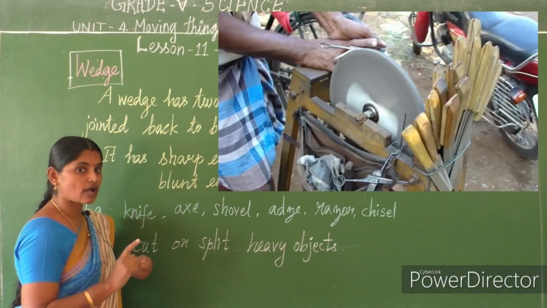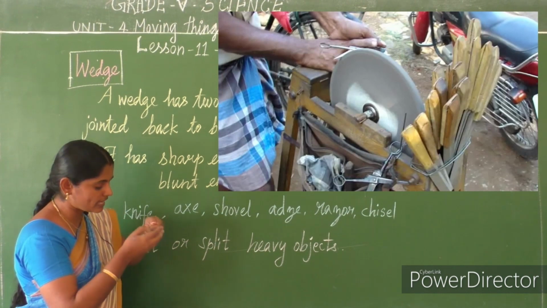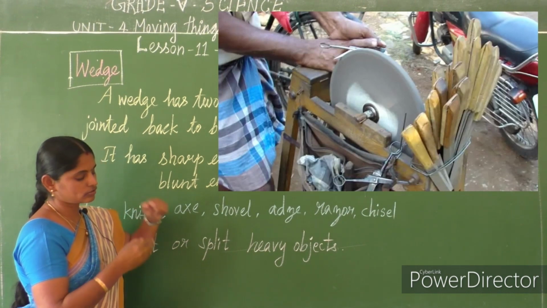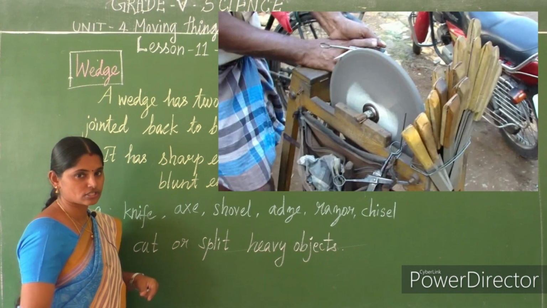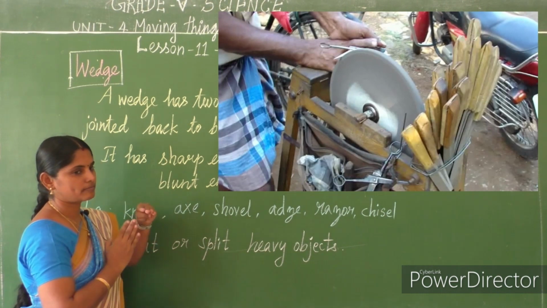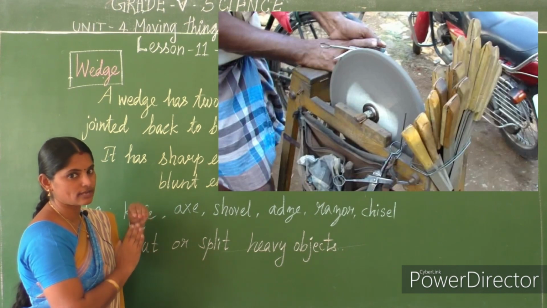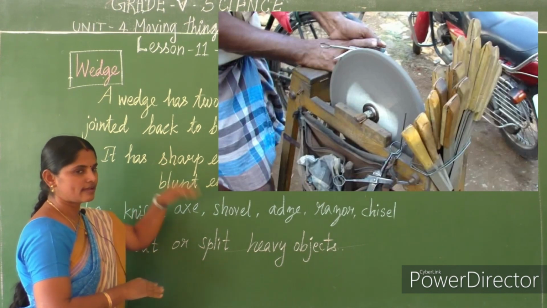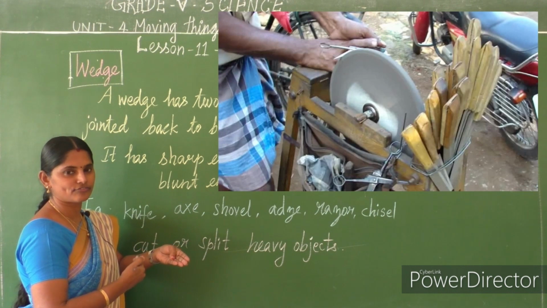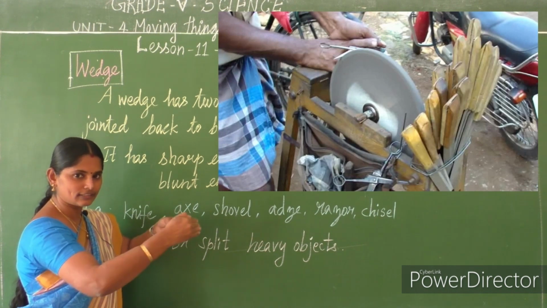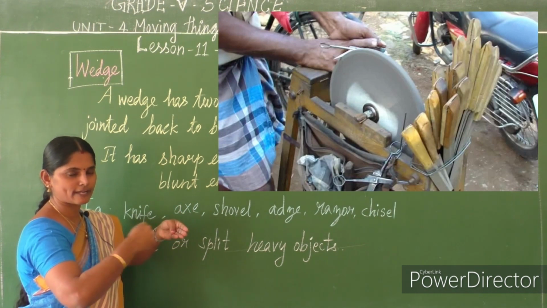You notice, observe it very sharply. How they do it is, they keep the one edge. First they make the slanting surface. In the slanting surface, the edge is a small slanting surface. Then they keep the knife backside. Then again they do the same action, sharp surface.